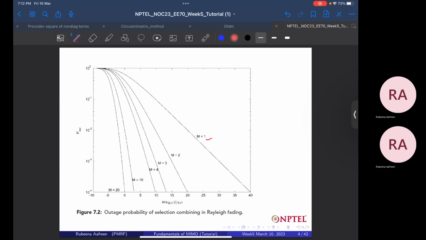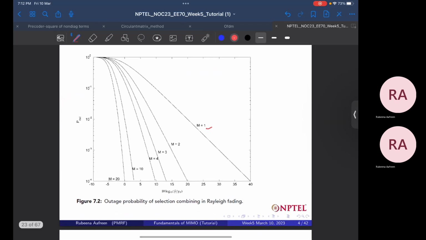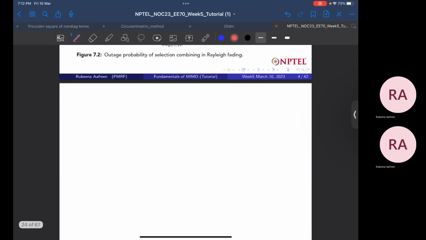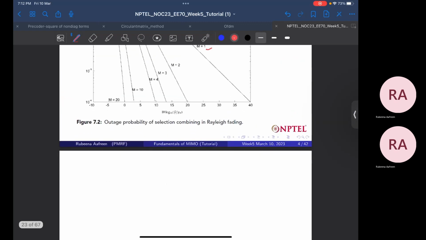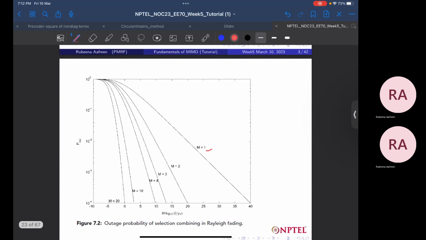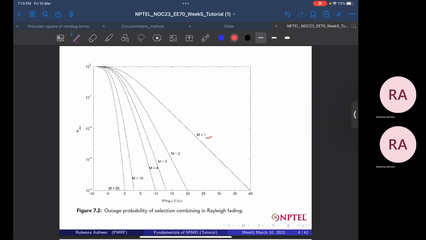M equal to 2, there is a huge shift, right? At the same normalized SNR, there is a huge shift. After that, M equal to 3 is a little, M equal to 4 is a little. So as we keep increasing M, the effect will keep decreasing, right? So that's what I wanted to discuss about selection combining.